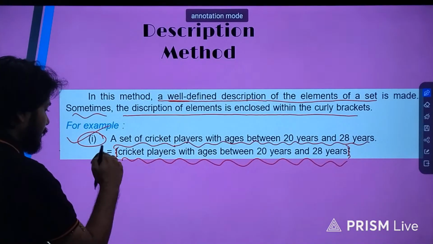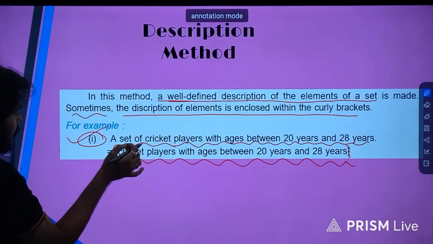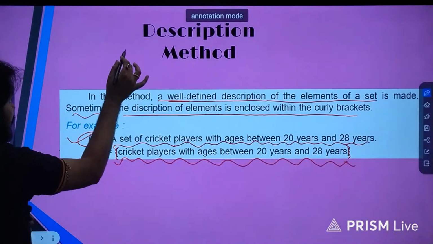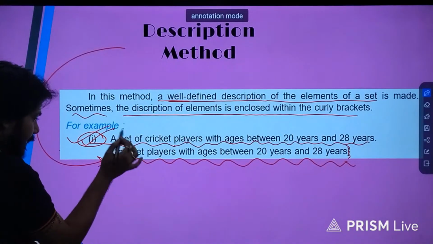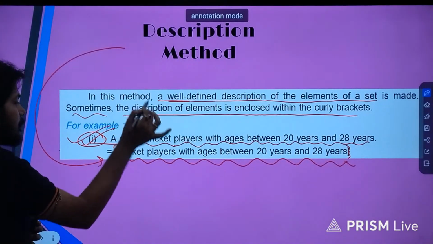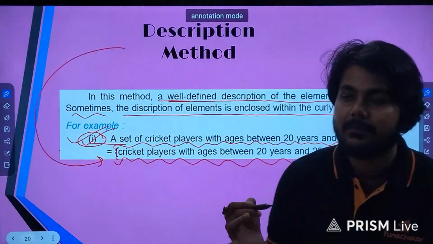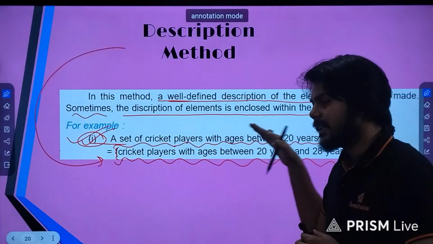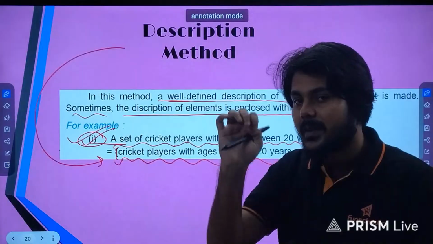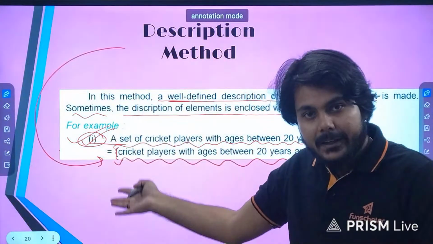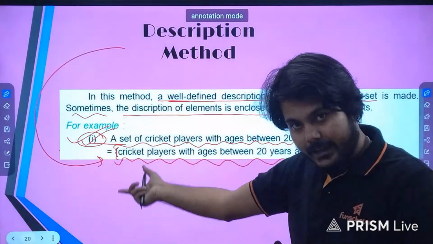So this is the representation of this statement by using curly brackets and by the description method. अगर सिंपल भाषा में बोला जाए तो जो स्टेटमेंट है उसी स्टेटमेंट को आपको लिखना होगा जो कि कर्ली ब्रैकेट्स में एनक्लोज्ड रहेगा। आप लिख रहे हो, you are actually describing the set inside the curly brackets.